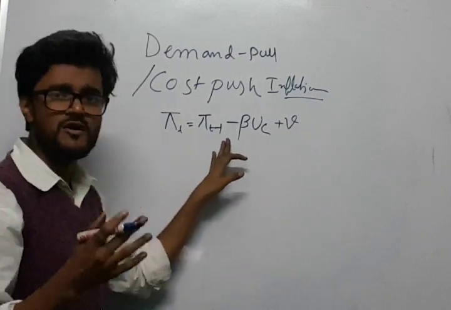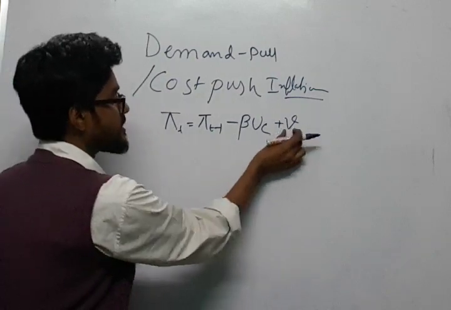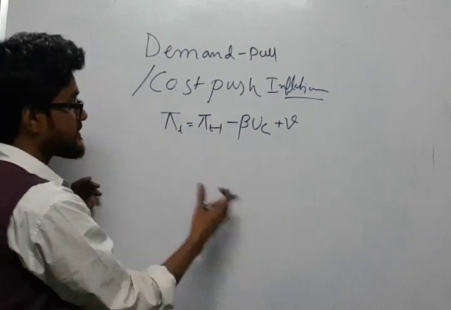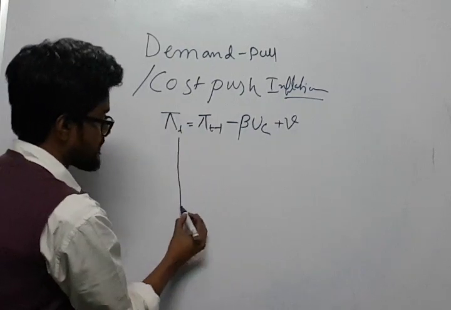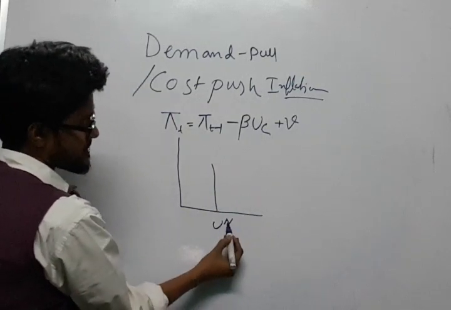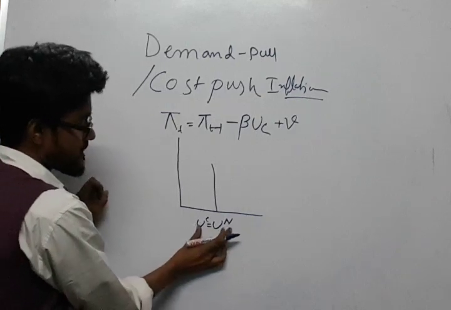In the basic model of adaptive expectation, we assume these two things to be constant. This is how we derive the diagram, given UC at UN. We talked about this UC at UN.